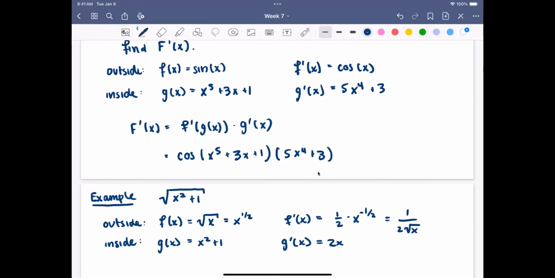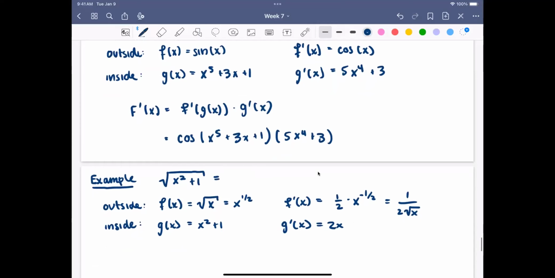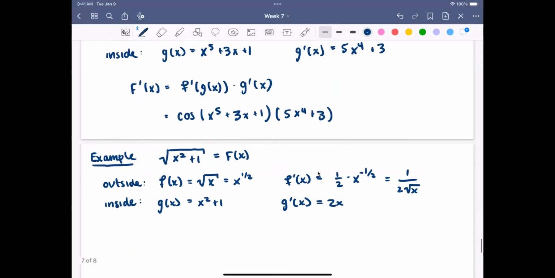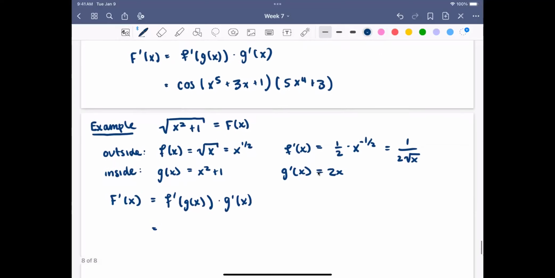Okay, so then for capital F prime of x, I'll write this as f again. So then F prime of x is f prime of g of x times g prime of x. So my f prime of x is 1 over 2 square root something, and then I'm plugging in g for the something, so I get x squared plus 1, and then g prime is 2x.